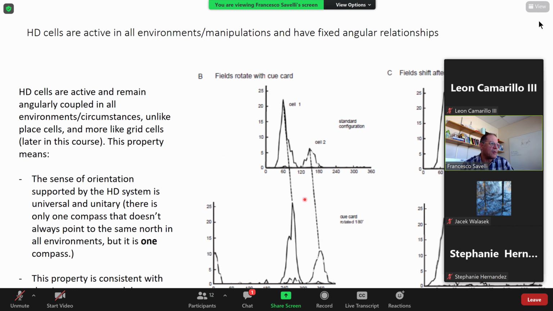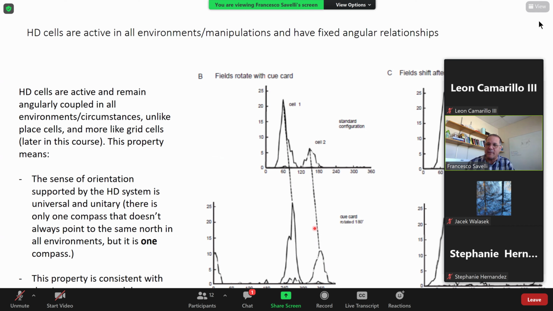Now, when you rotate 180 degrees, they both move by the same amount. Well, I say, that's because the cue card, if they're independently controlled by the cue card, of course, they're both going to move 180 degrees. It doesn't mean anything about their relationship.